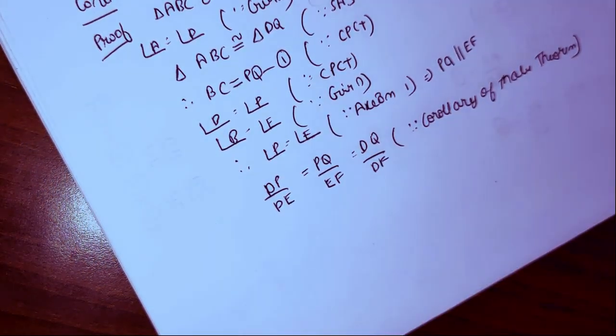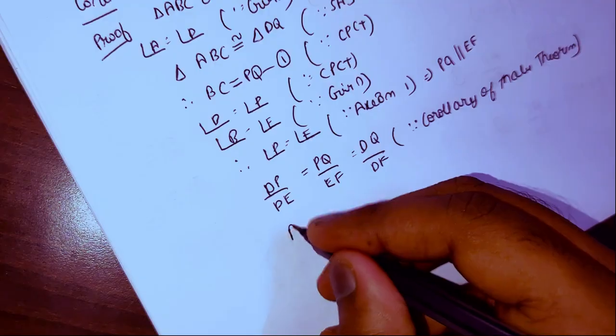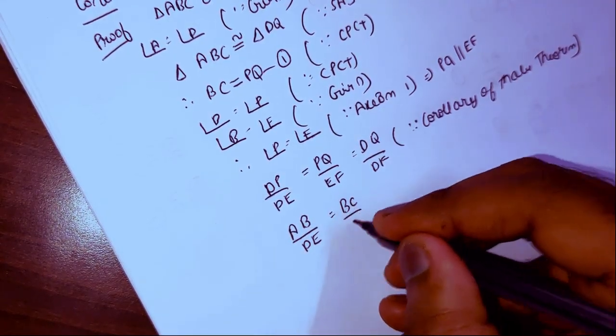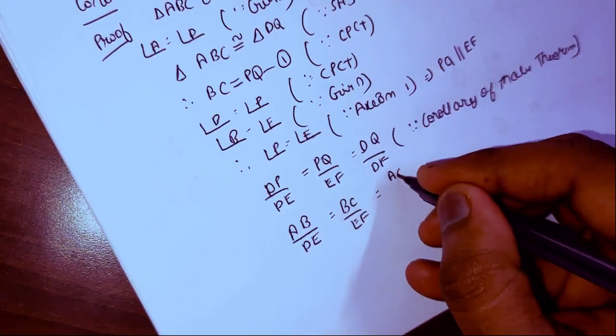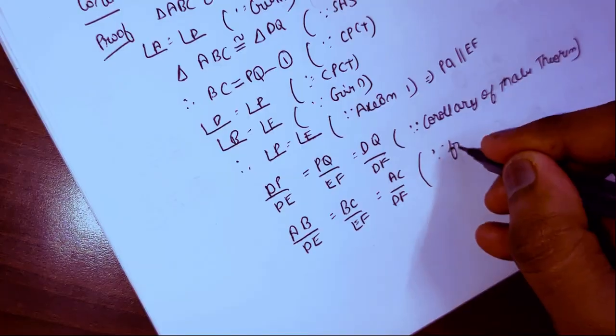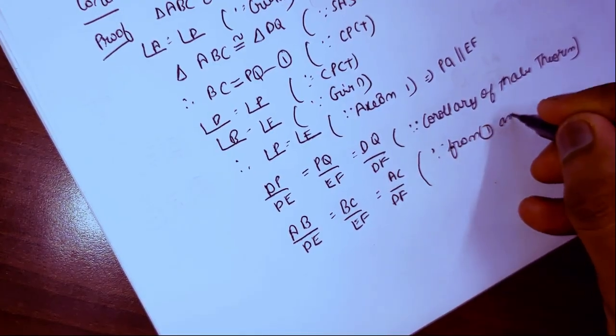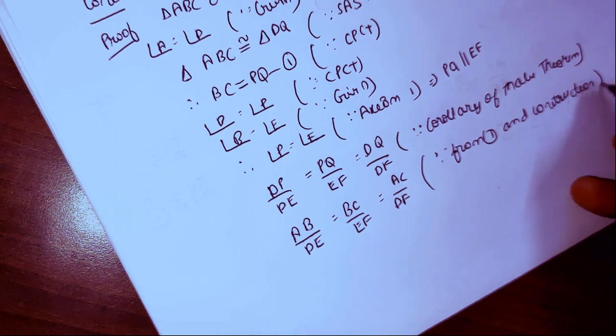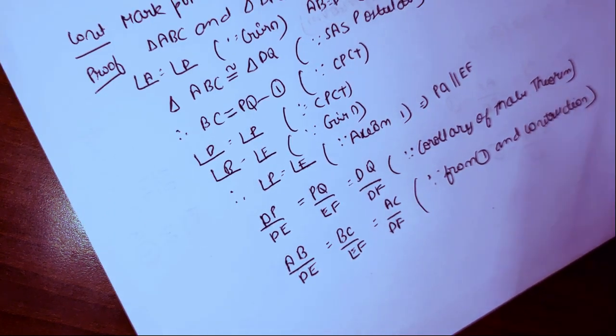So that implies the required proof AB by DE is equal to BC by EF is equal to AC by DF, that is from equation 1 and by construction. We'll move on to the 41st question now.